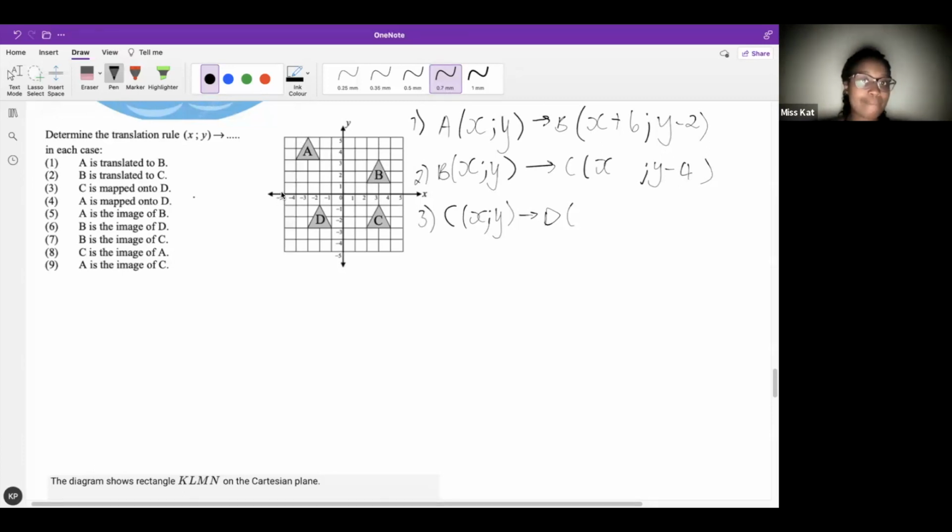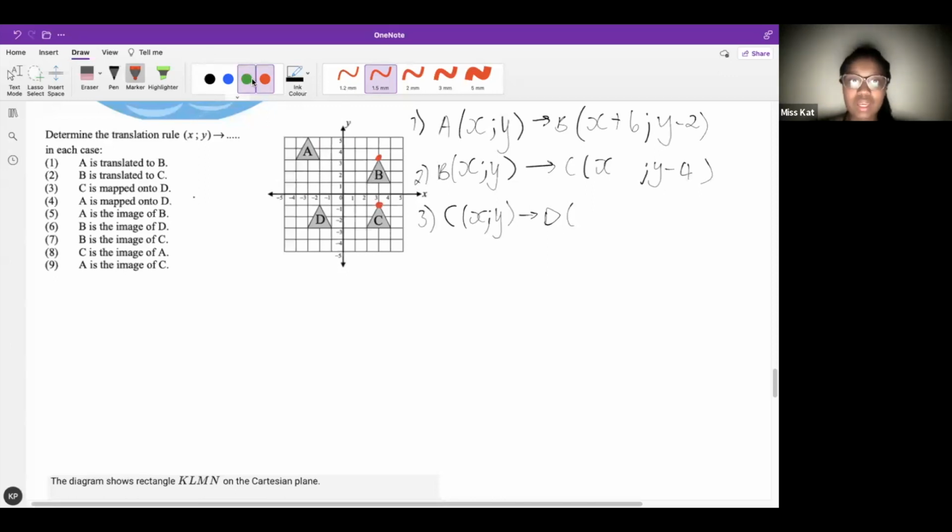Ma'am, isn't B 3, 3, and 3 the coordinates? Ma'am wrote X and Y. No, remember, this is a shape. It's not a point. Do you see what I mean? So we move all the points. So we're saying whatever coordinate is on B, move it like this and you'll get to C. So what I said is just choose a random point that corresponds with the other point.